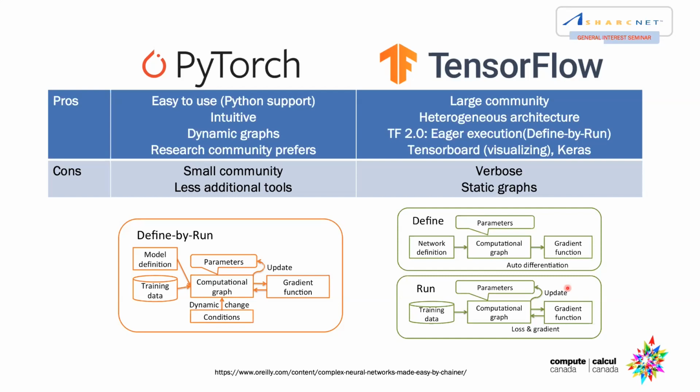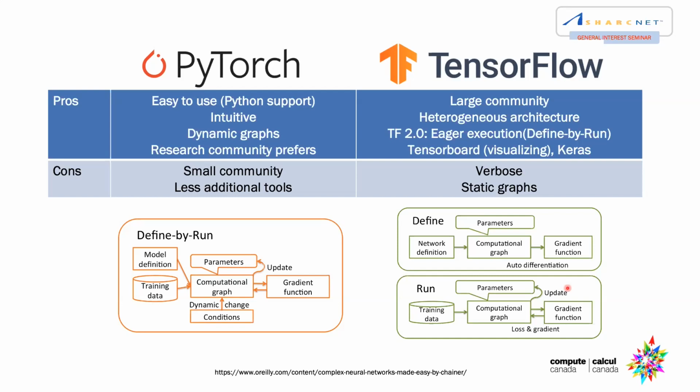PyTorch can change its model while it's calculating, which means once you feed one data batch, then in the next iteration, if you find some good loss, you can change your model. You can drop the model or drop layers or whatever, and it can change. But TensorFlow in general doesn't allow this, because you need to set up everything when you start.